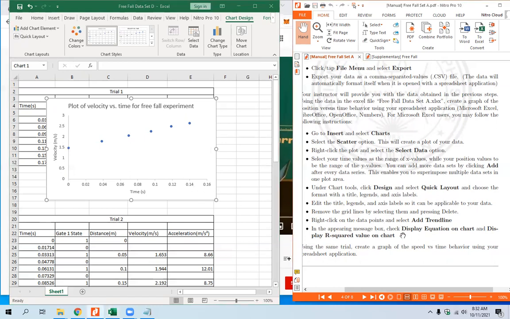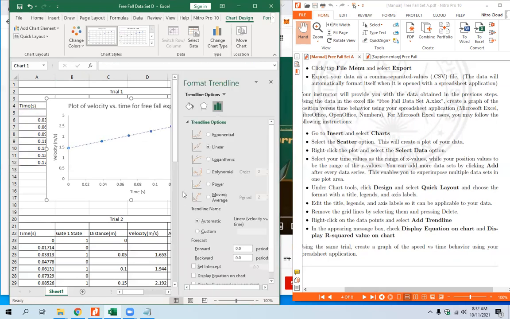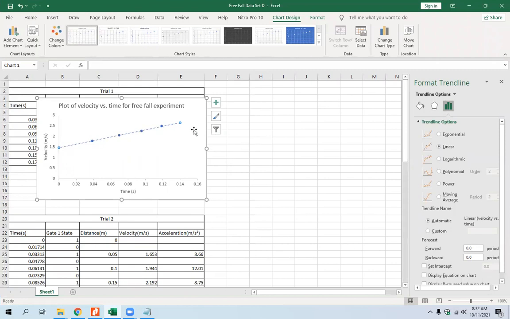So, lastly, mag-add tayo ng trend line. In Excel, how do we do this? It's basically just, normally, right-click nyo to. Ayun, right-click. Add trend line. May option for that. Tapos, normally, automatic na yan. Magkakaroon na ng trend line.